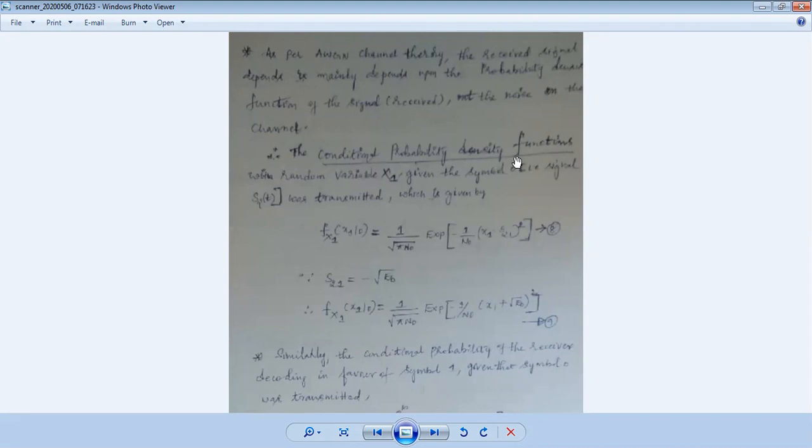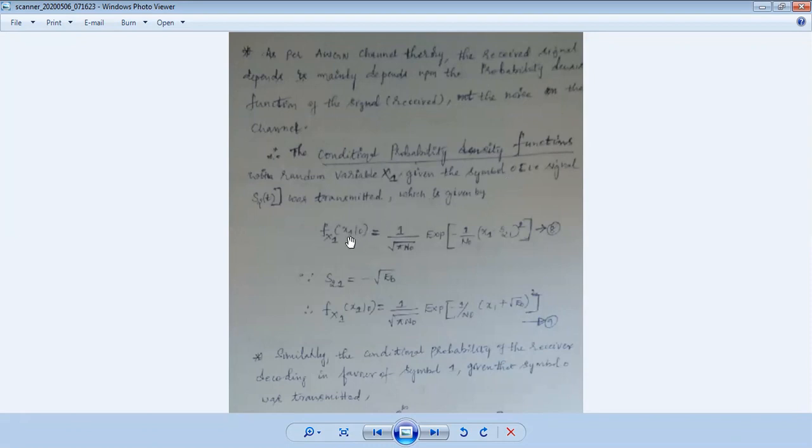Therefore, the probability density function has to be analyzed for the random variable x1, given that the symbol 0 was transmitted. The conditional probability density function depends upon the random variable. So the conditional density function of the random variable x1, given that the symbol 0 was transmitted, is given by this.